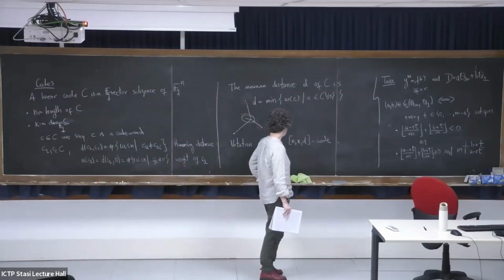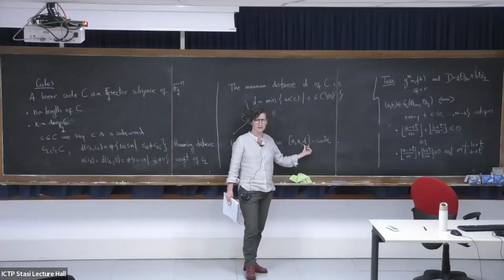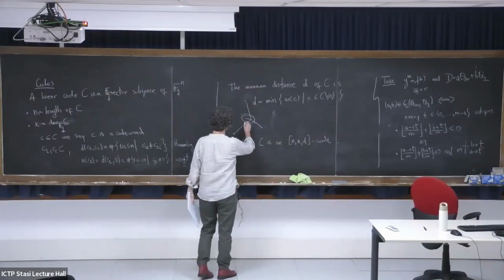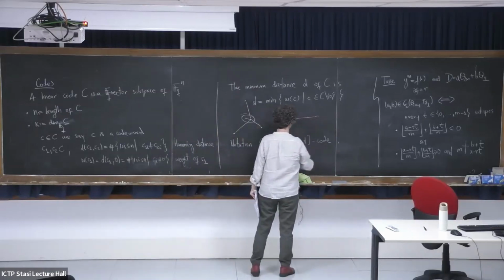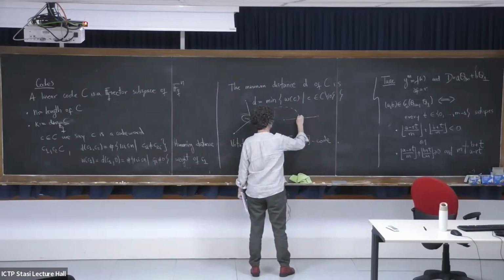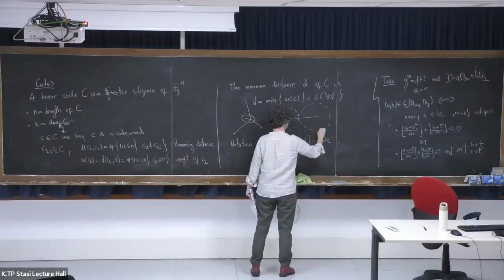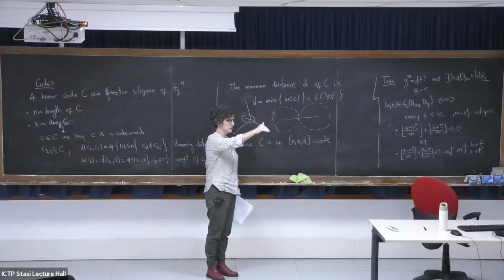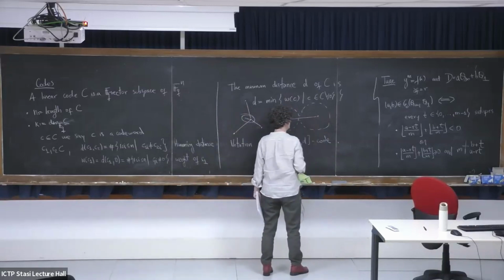If you want to correct errors in a code, you'd like to have a large minimum distance, because your words are far away from each other. For example, you send a word and some bits are wrong, so instead of getting this vector, you get a vector here.